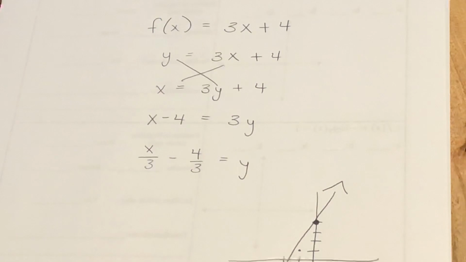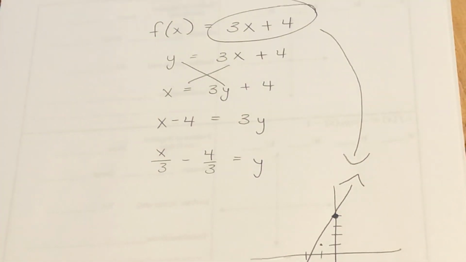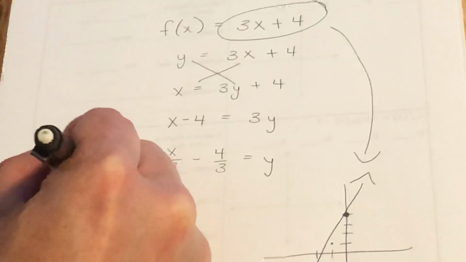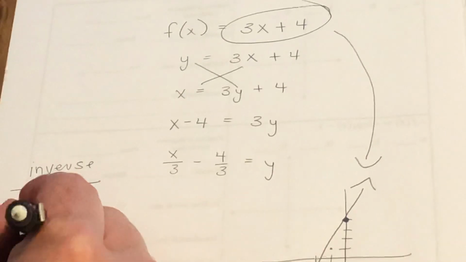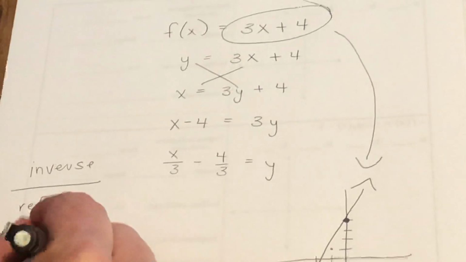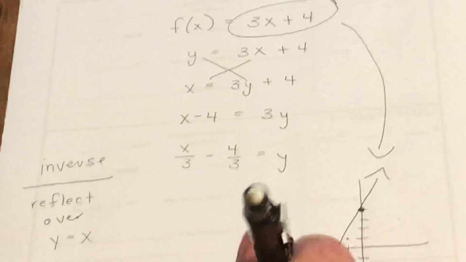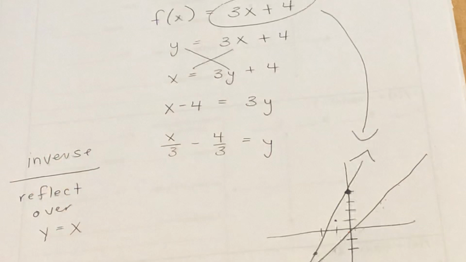That's somewhat of what this would look like. So when you take an inverse, you're reflecting over y equals x. This is y equals x, right through there. So we're basically going to end up flipping that over the line y equals x.